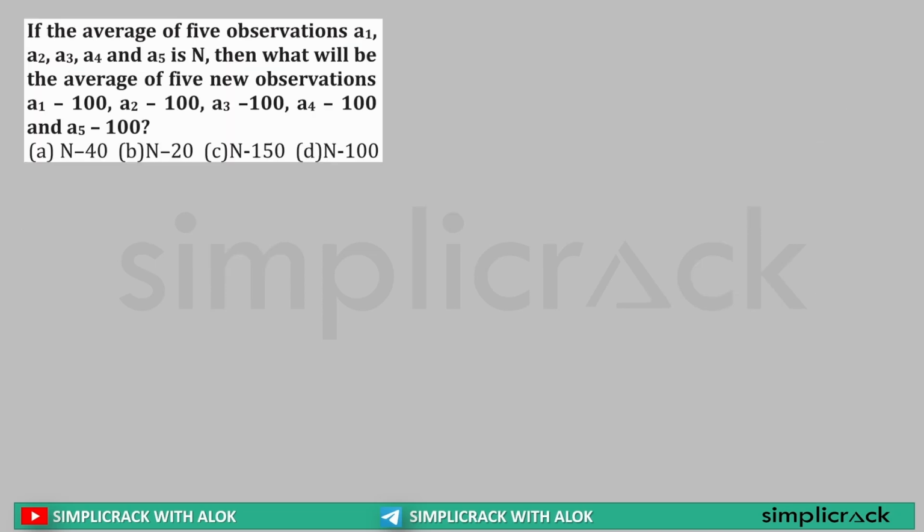Now, here it is asking, sir, if the average of 5 observations A1, A2, A3, A4 and A5 is n. What it is saying? The average of A1 plus A2 plus A3 plus A4 plus A5 divided by how many observations? 5 observations are there. This is equal to n.